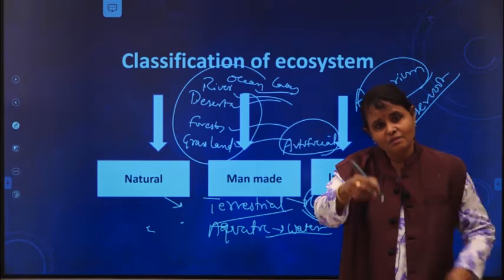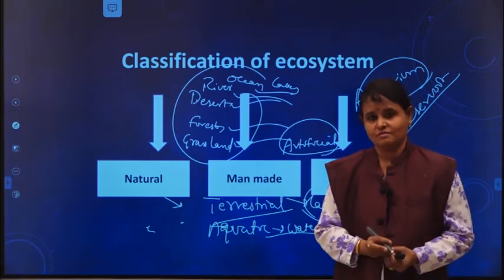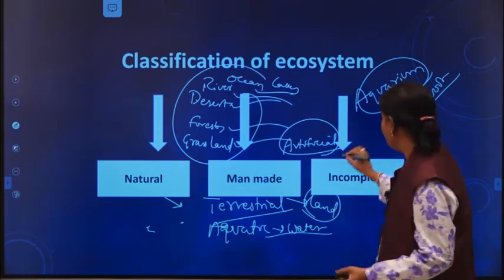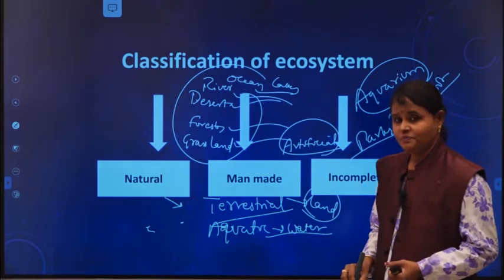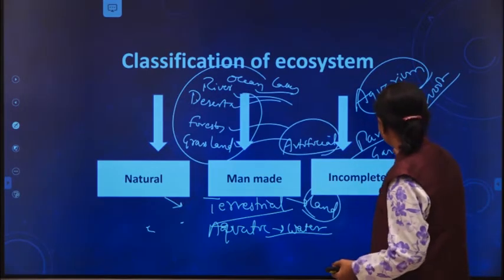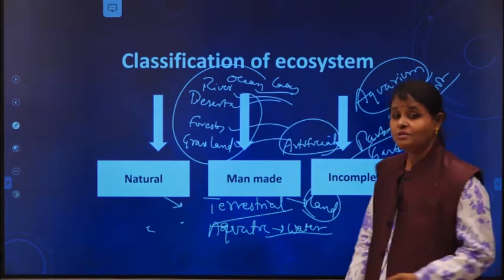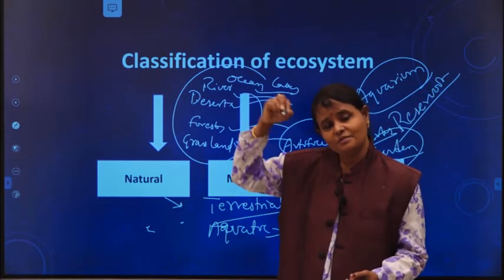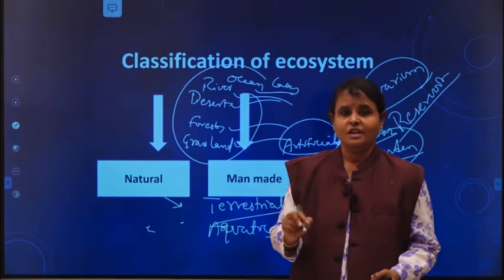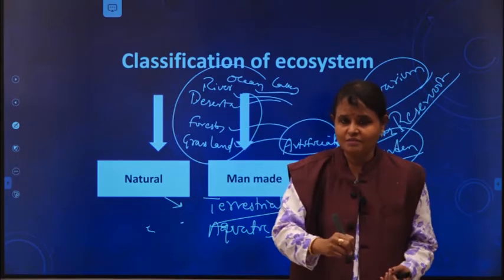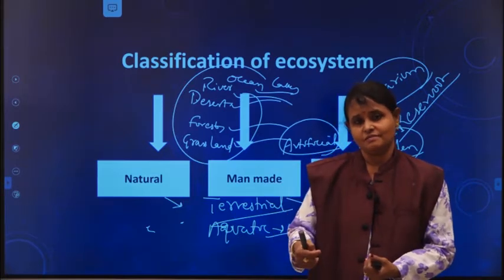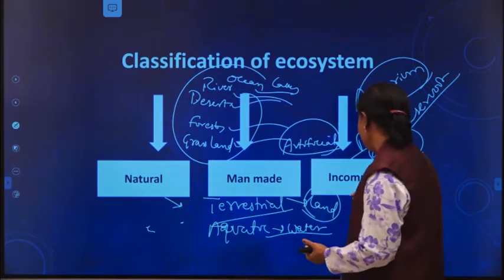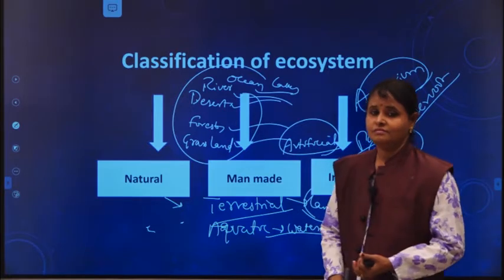Aquarium is also made by man. Next, parks. Man-made ecosystem. Garden. It's a man-made ecosystem. All these are examples of man-made ecosystem. In this also, you can give examples of terrestrial and aquatic ecosystems. Right?